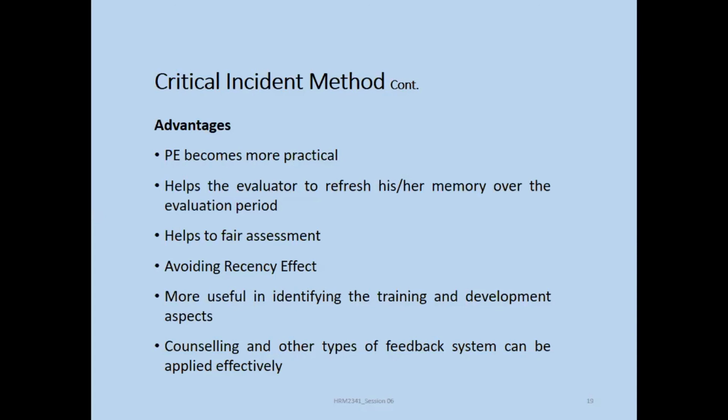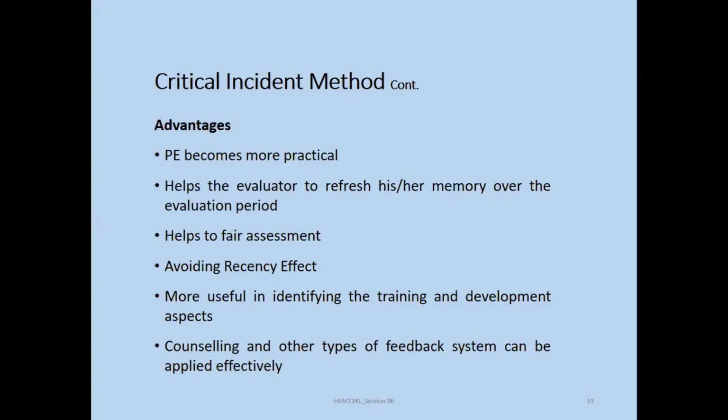It helps fair assessment because they allocate space for each and every employee in the logbook. Therefore, we can fairly consider the employee's performance.